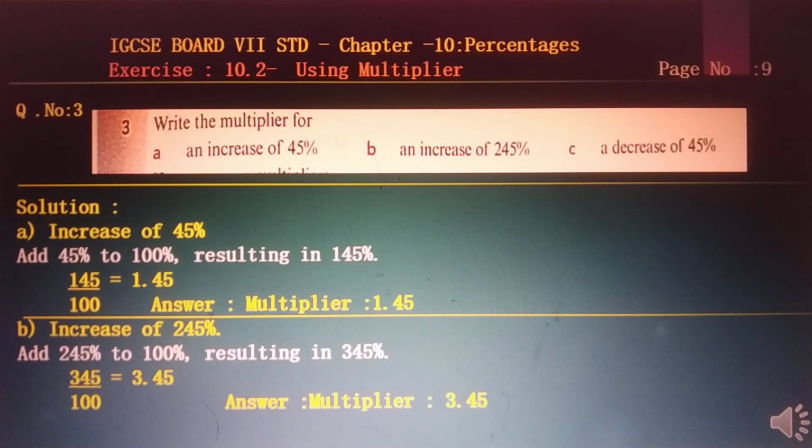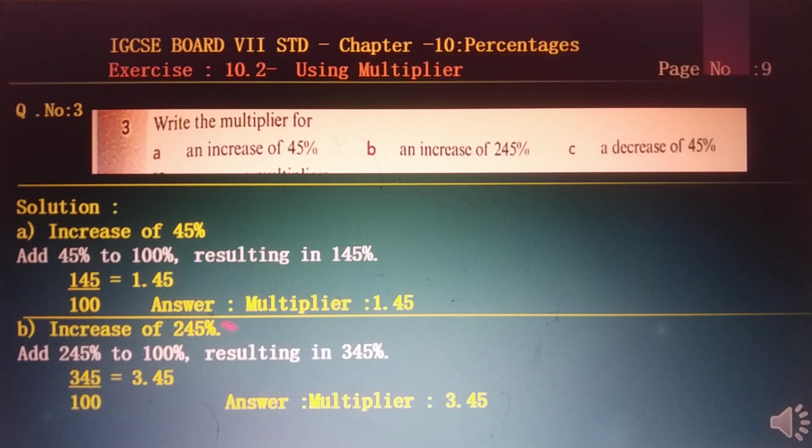Question number 3, write the multipliers of an increase of 45%, an increase of 245%, and a decrease of 45%. The solutions: increase of 45%, add 45% to 100, resulting in 145%. 145 upon 100 is 1.45. Final answer, multiplier 1.45.